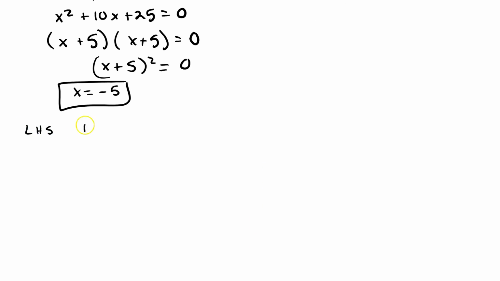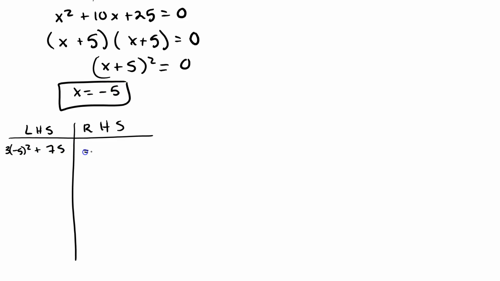Left-hand side, right-hand side. In my original equation, I had 3 times x squared plus 75, and now I'm going to substitute negative 5 in for my x. My right-hand side is negative 30x, but we solved x, and it is negative 5.